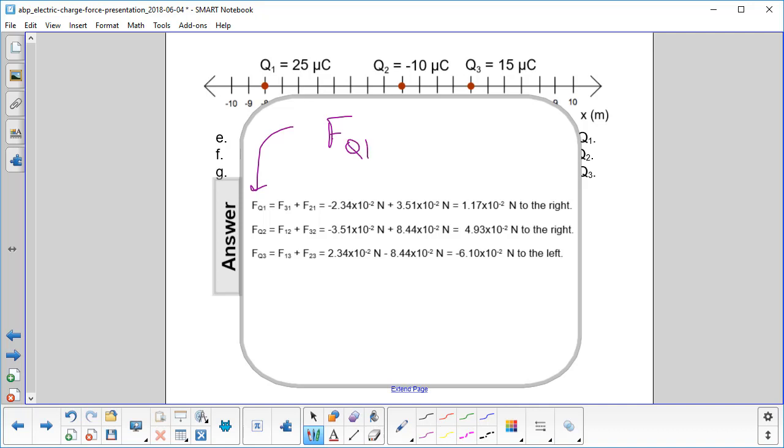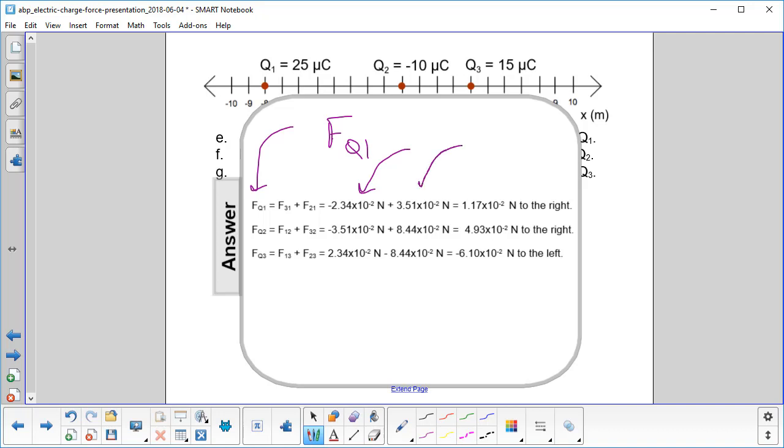Well, we know that's equal to the sum of the forces that charge 3 exerts on charge 1 and charge 2 exerts on charge 1. And we reference our free body diagram, and we find that the force of 3 on 1 is to the left. 3 is repelling 1, so that gets a negative sign.